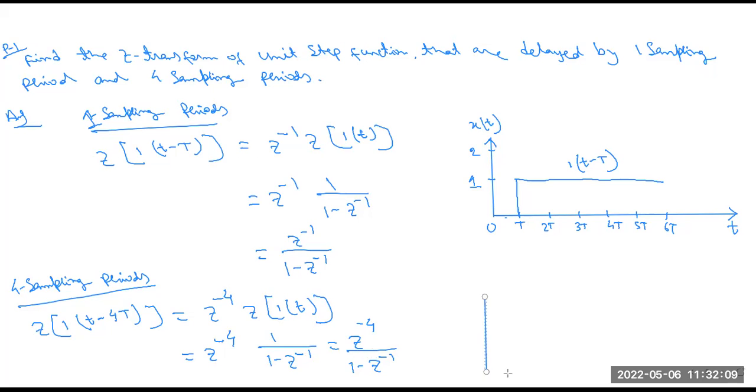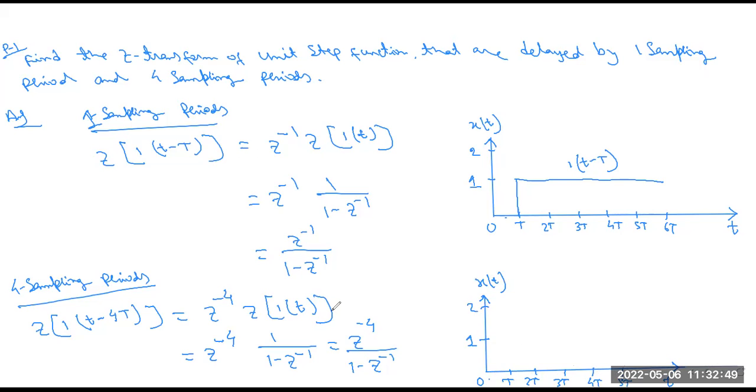And graphically you have to represent this: this is the xt, this is the t, this is 0, t, 2t, 3t, 4t, 5t. And you know that this is the xt, first 1, then 2, and so on.